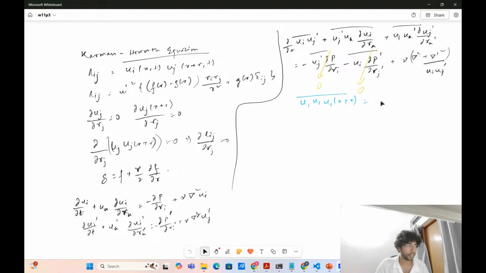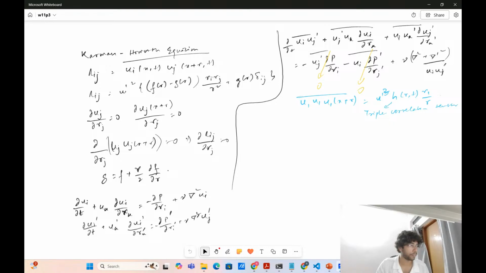So this is the definition of h, which is called the triple correlation tensor. Because it depends on the correlation of three terms, three velocities.